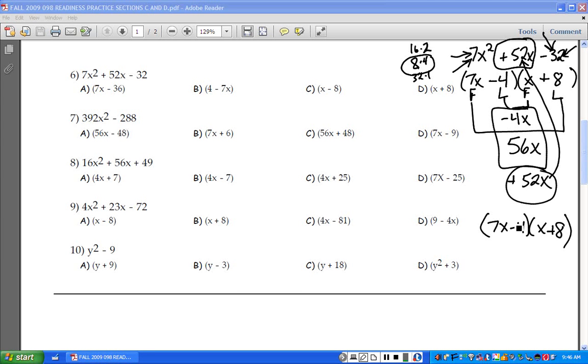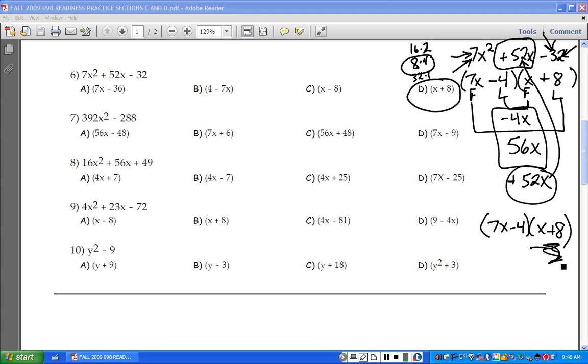So again, what I'm showing you is just reverse FOIL method. So that is number 6, and based on what we have here, the answer would be D, x plus 8, because of our x plus 8 right there.